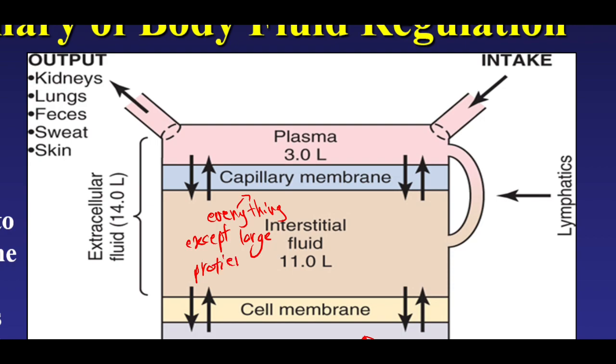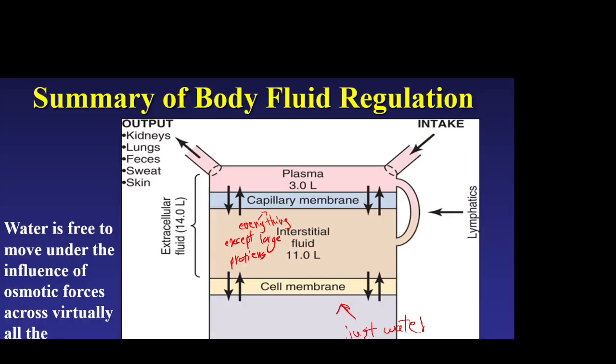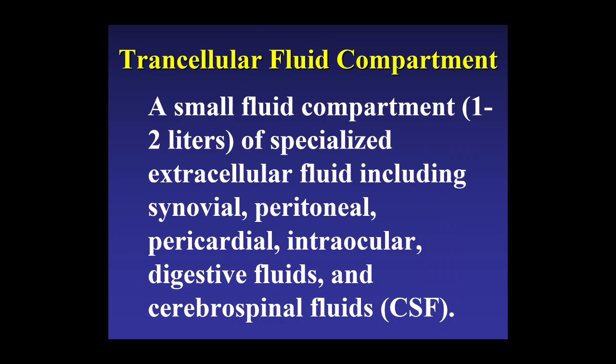Okay, well now, in addition to the intracellular and extracellular fluid compartments, we have another compartment called the transcellular fluid compartment. This is about 1 to 2 liters in volume. We don't talk about it a lot, but you need to know it exists. This usually contains extracellular fluid. The constituents are similar to the extracellular fluid compartment, but you might have little variation.